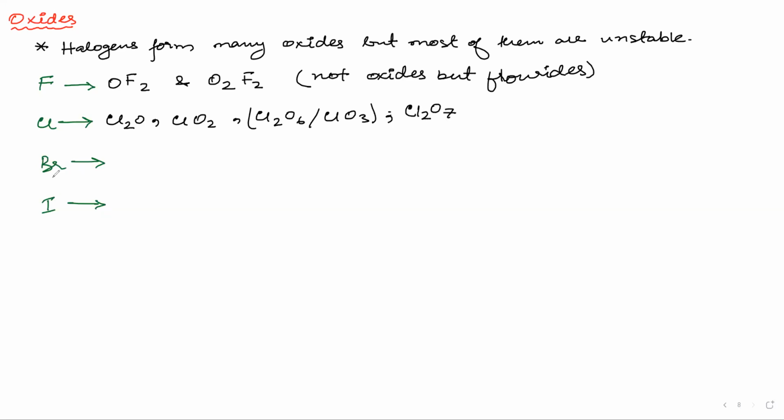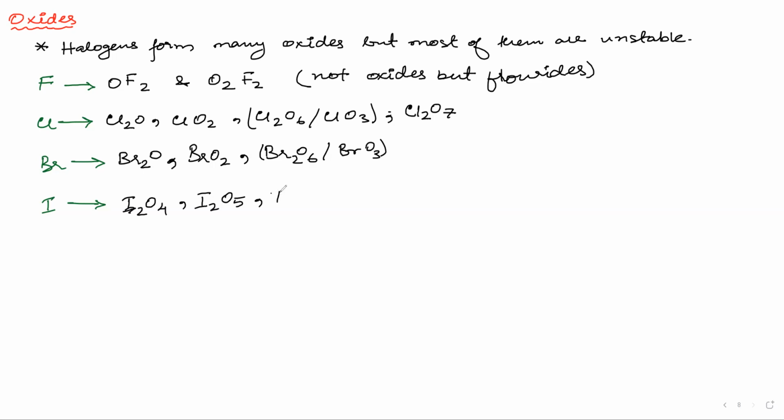Bromine can make Br2O, please write this with me, and BrO3. Iodine can make something like I2O4, I2O5, I2O7. Okay, done.